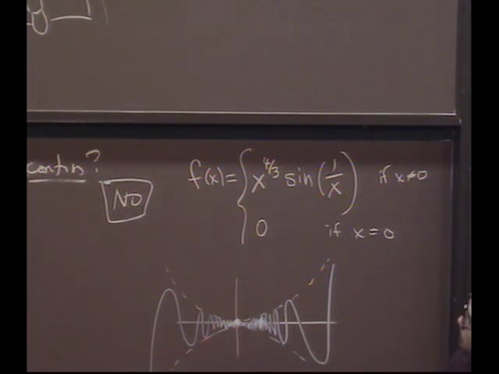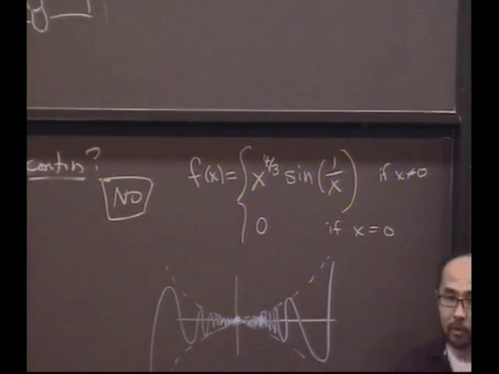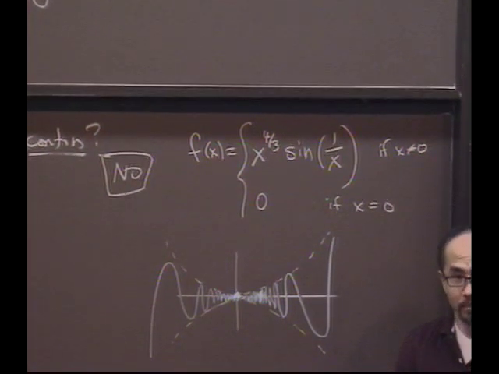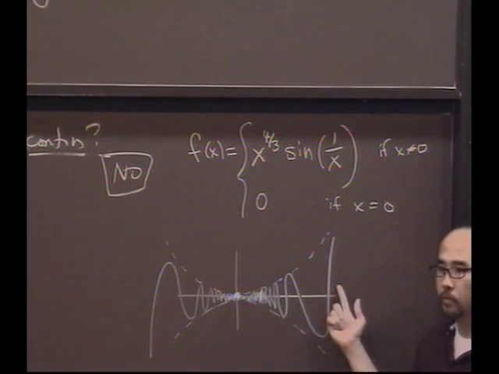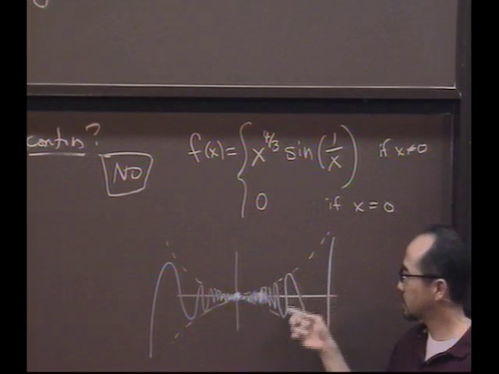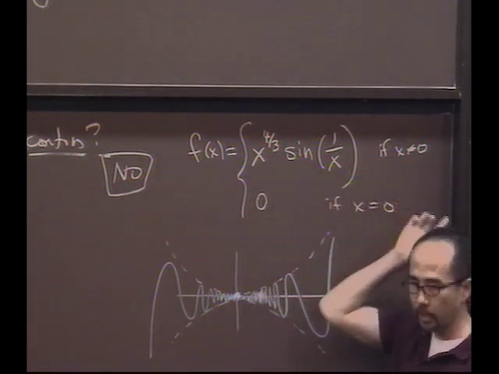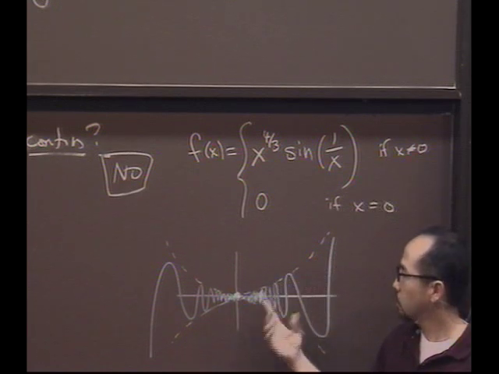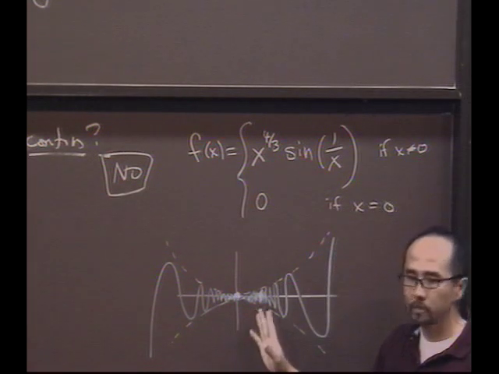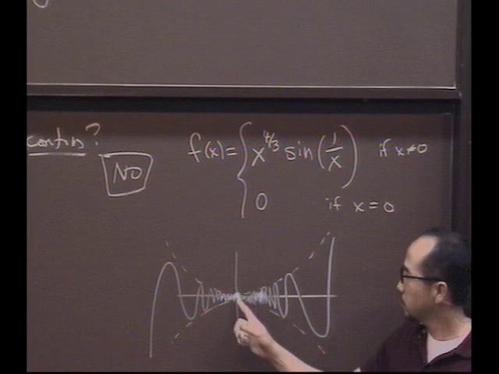Okay, cool. So first of all, would you agree this function's differentiable? Tell me why. Well, away from 0, it's clearly differentiable, right? Just because it's defined by this function sine 1 over x, okay? But where's the only place you might worry if it's differentiable? 0.